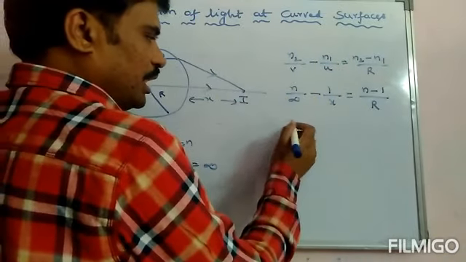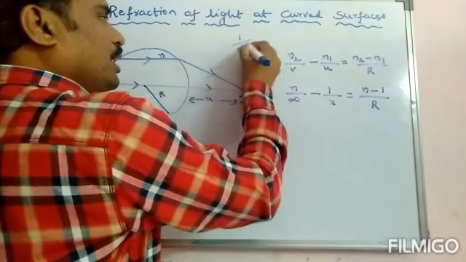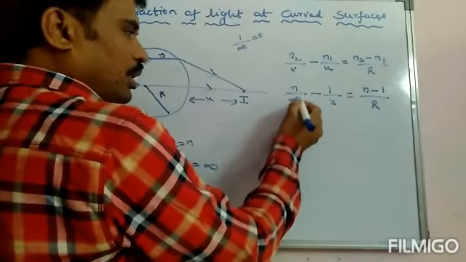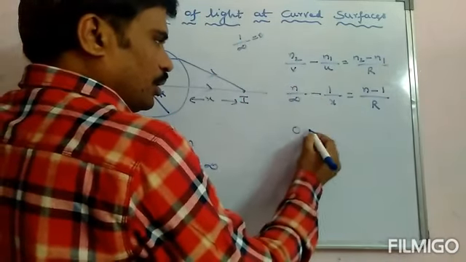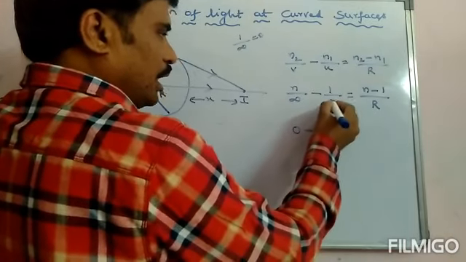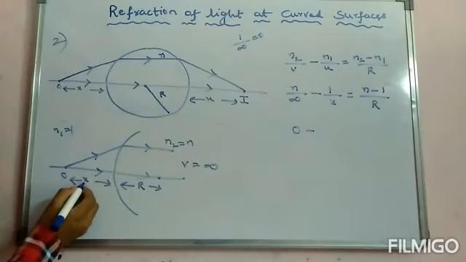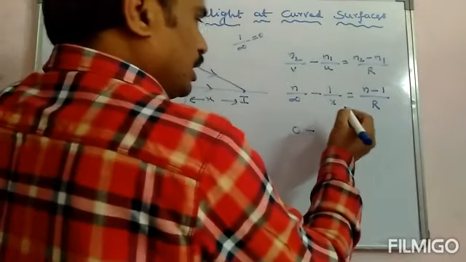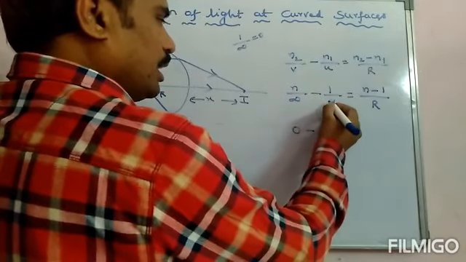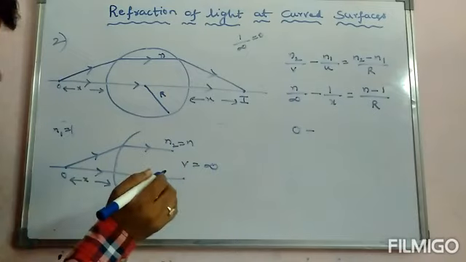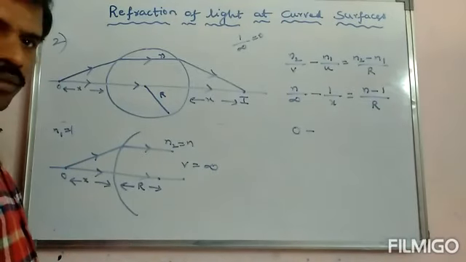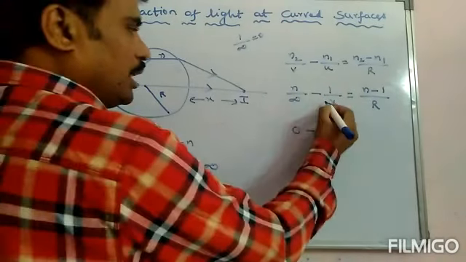So 1 by infinity is 0. Nothing but this value will become 0. Minus, and here you can see the object distance, I must take it as minus x.